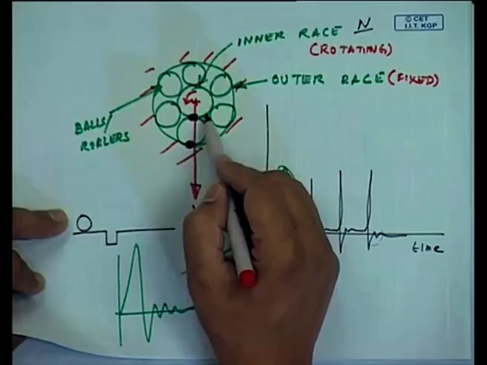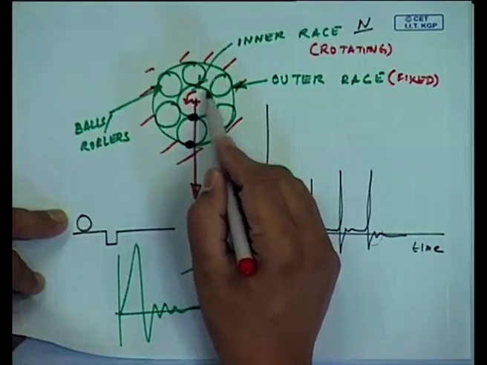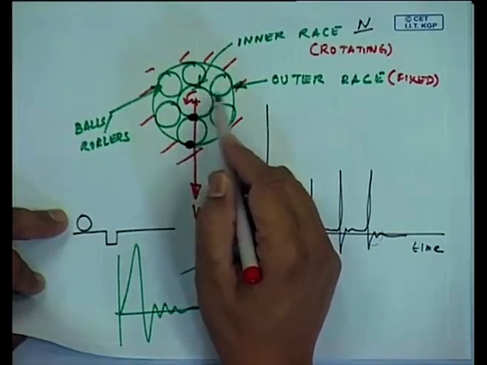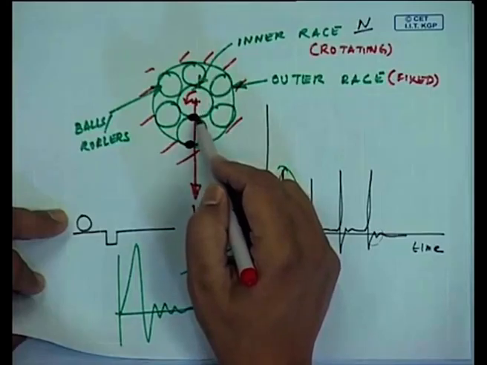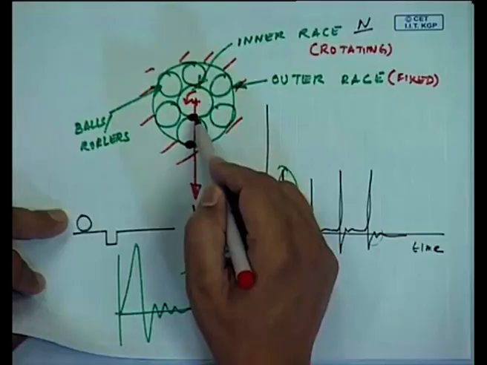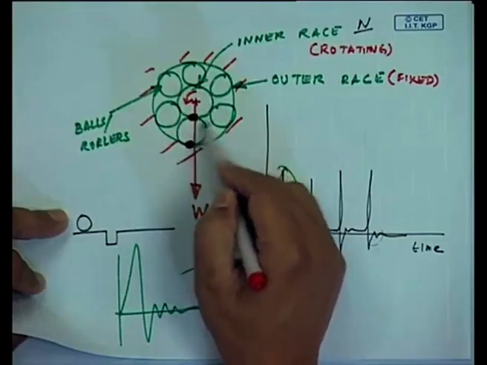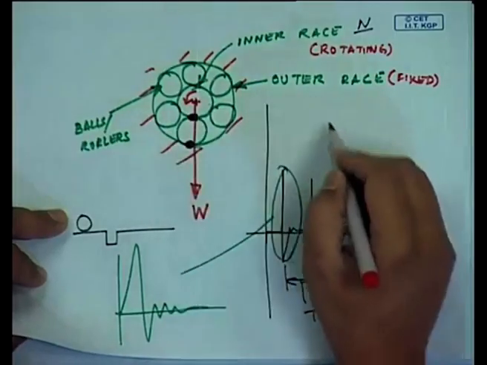Once the inner race moves away, this force will decrease, and so on. So the intensity of the vibration will be modulated as a function of the rotational speed.